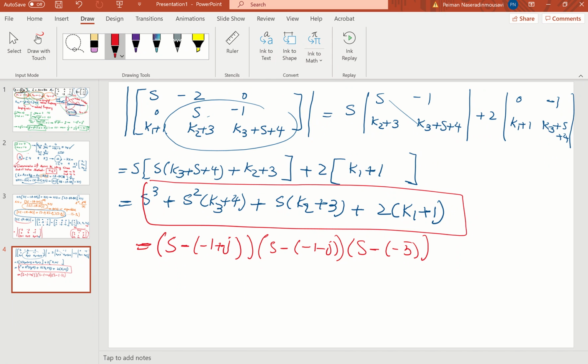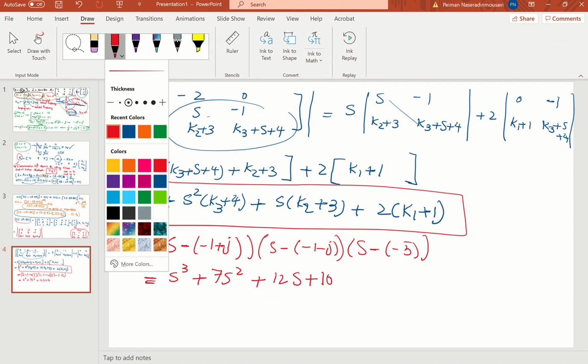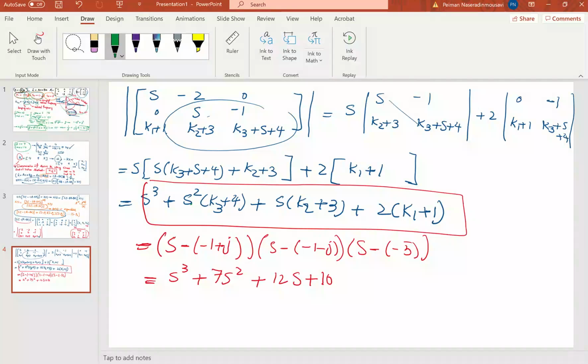That's right. So if you simplify this, as we did in the previous class, remember it was s cubed plus 7s squared plus 12s plus 10. So now what you're going to do is just compare this with that.